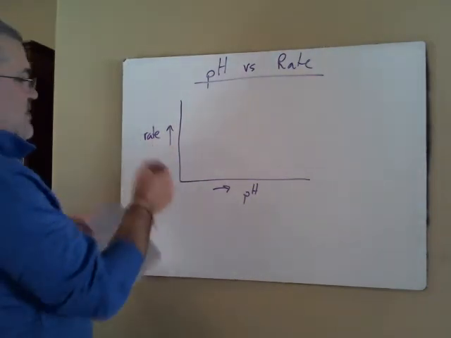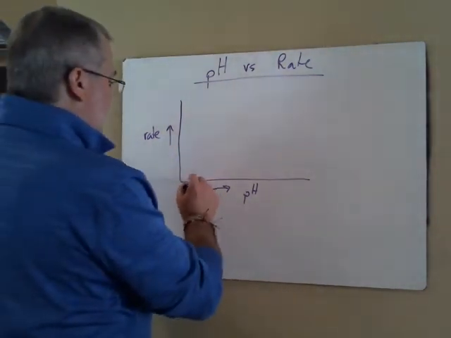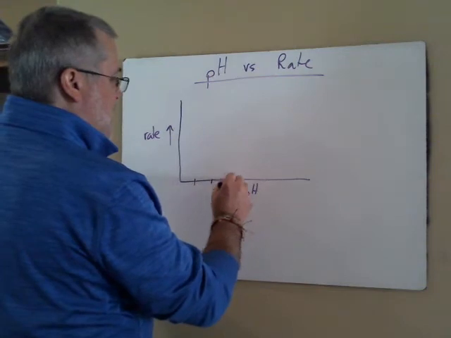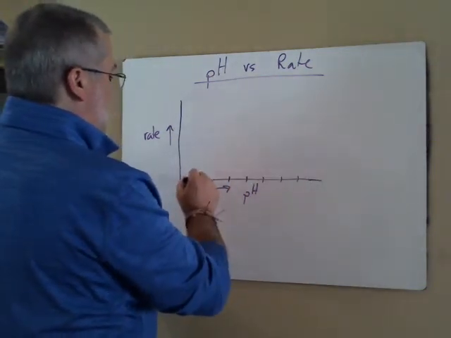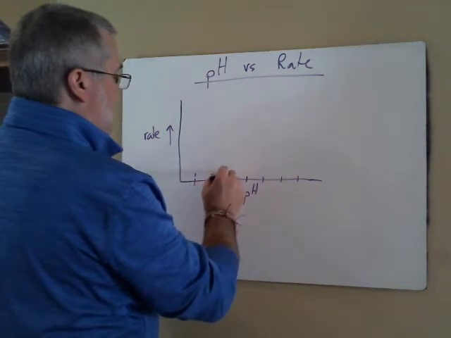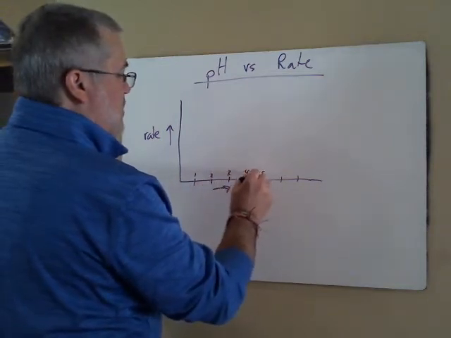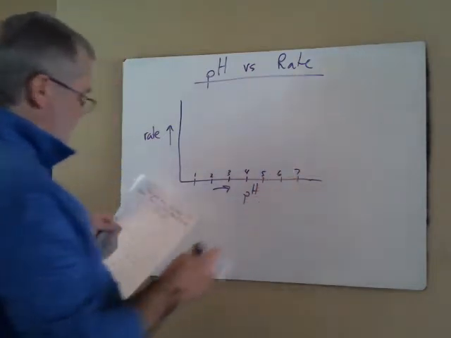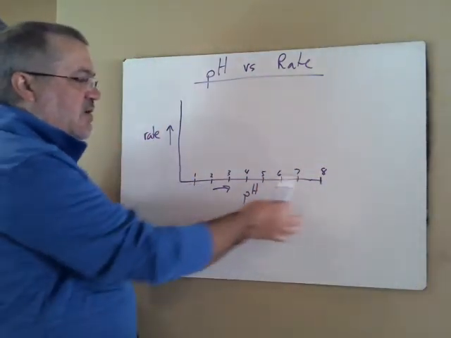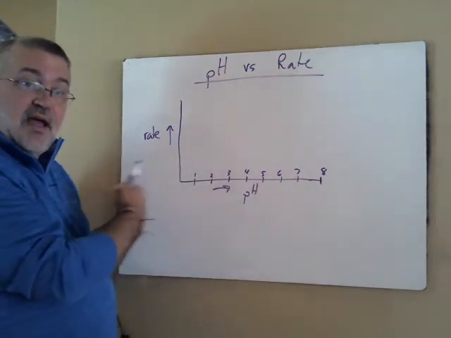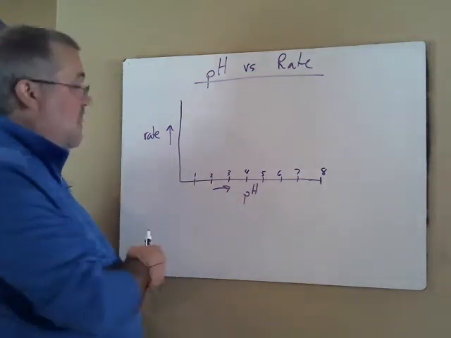Rate of the reaction versus pH. And so on my scale down here, let's put 1, 2, 3, 4, 5, 6, 7. I mean, we could go all the way to 8. So we're really looking at the acidic end of the pH scale.